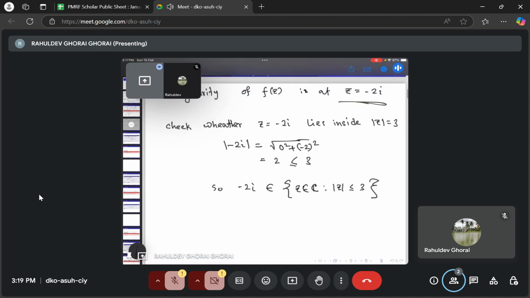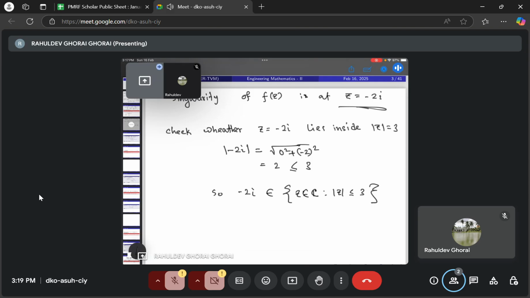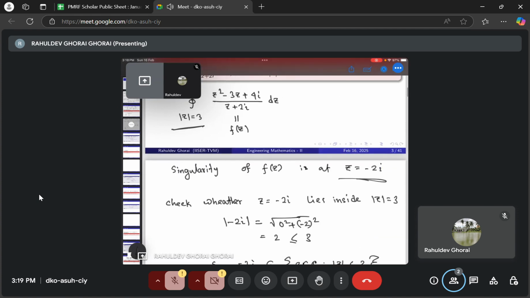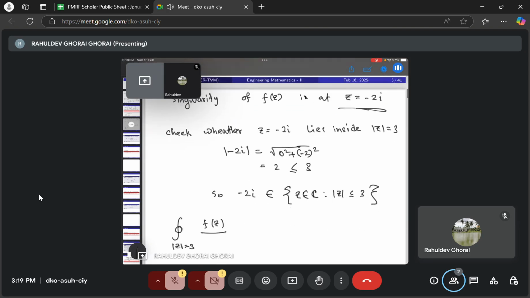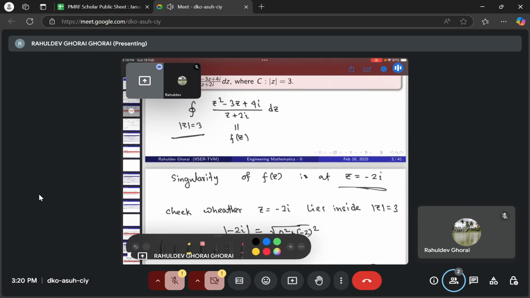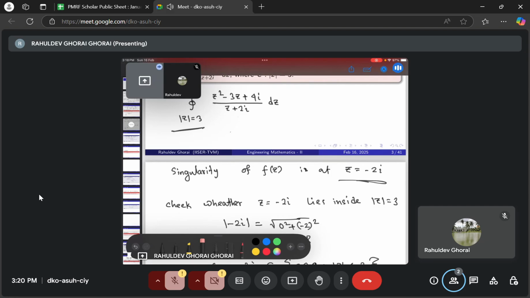So then you have a non-zero value, and what will that be? On the contour mod z equal to 3, you have f(z). First of all, you have to find out whether it is singular at z equal to minus 2i.